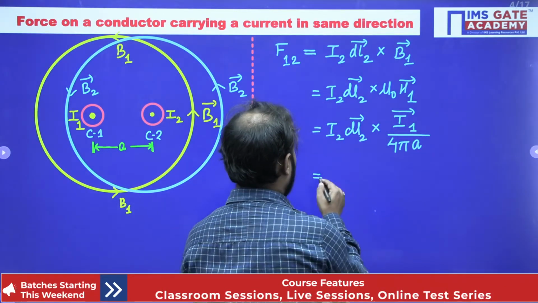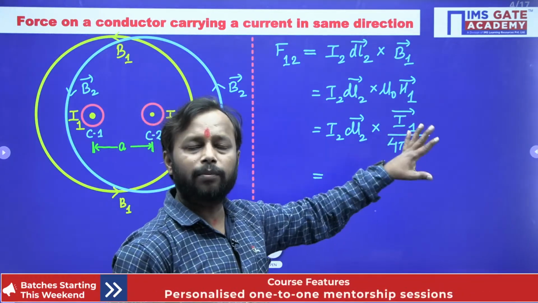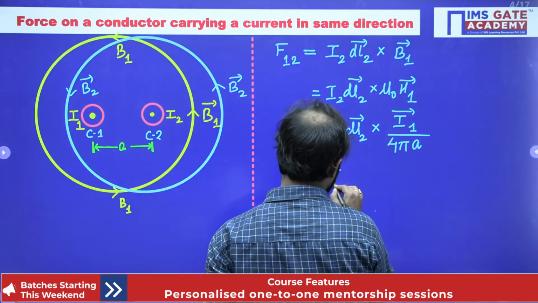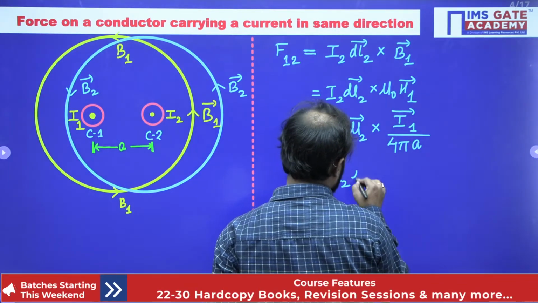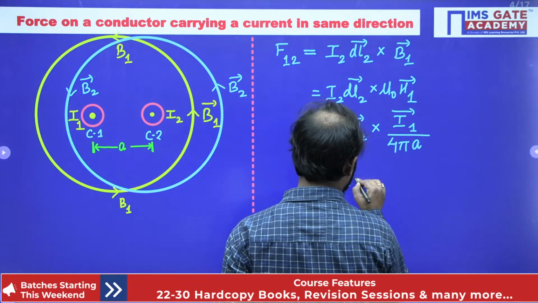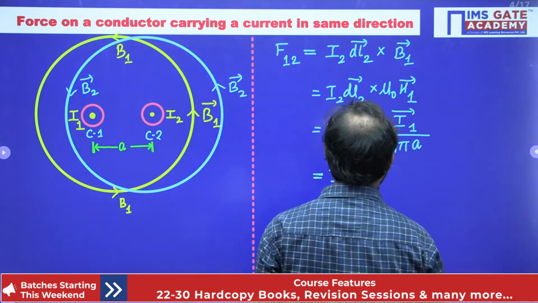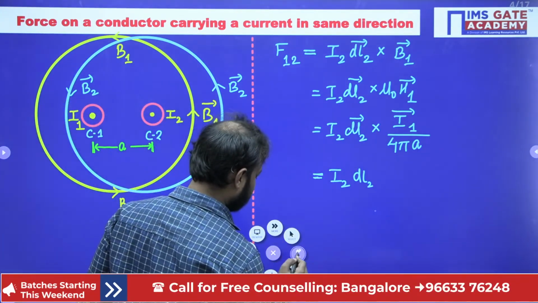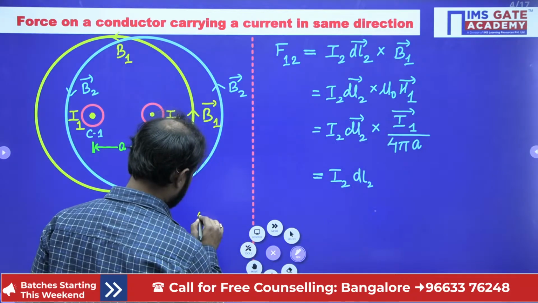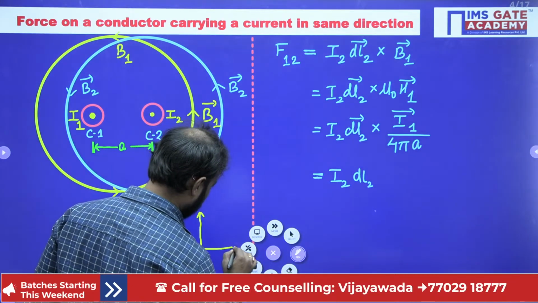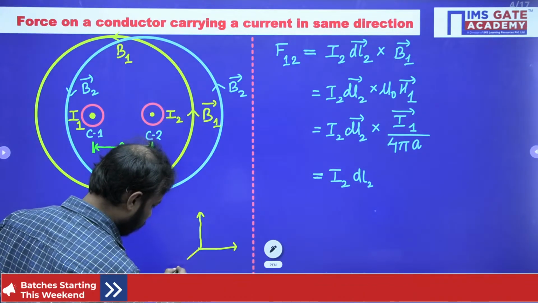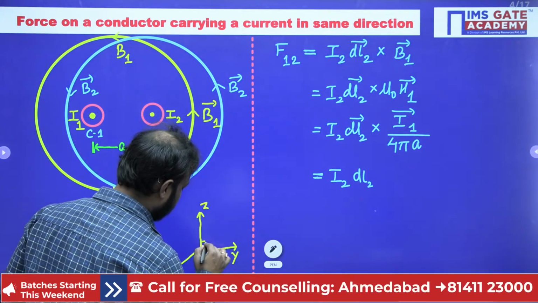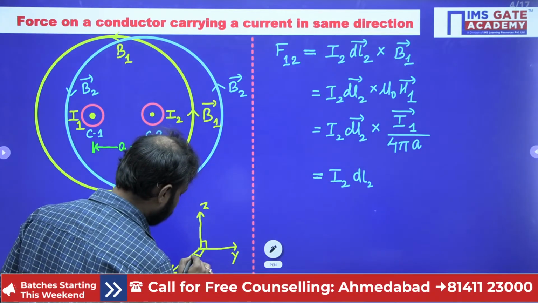Now let us express the vectors in terms of magnitude and direction. So I2 will be I2 only, and this will become the magnitude dL2. And what is the direction of L2? For that, let me mark the XYZ axes. This is the X axis, this is Y, and this is Z, and all are mutually perpendicular to each other.